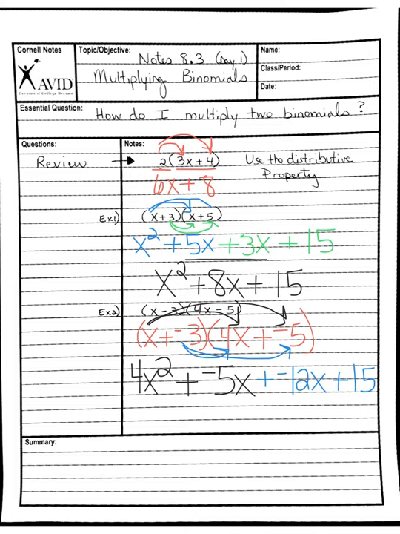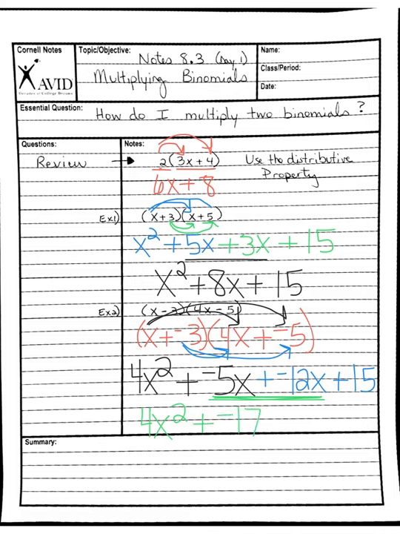And again, we want to look and see if we have any like terms. That means the same letter and same exponent. The negative 5x and the negative 12x are like terms. So our final answer here would be 4x squared plus negative 17x plus 15. Oops, sorry, let me rewrite that.